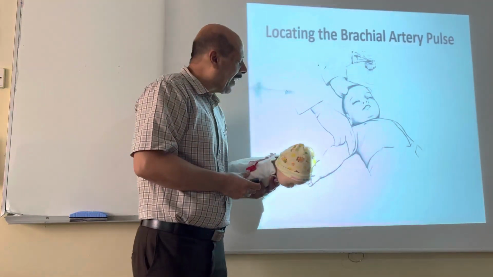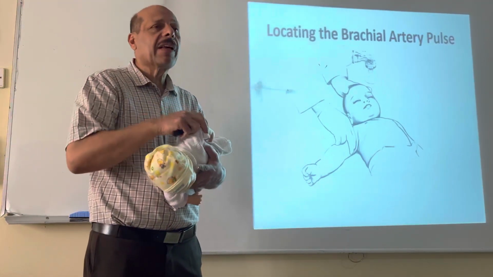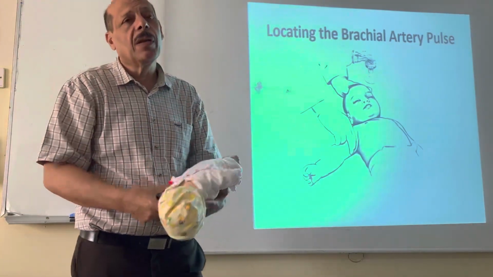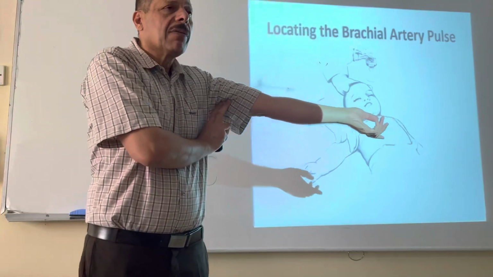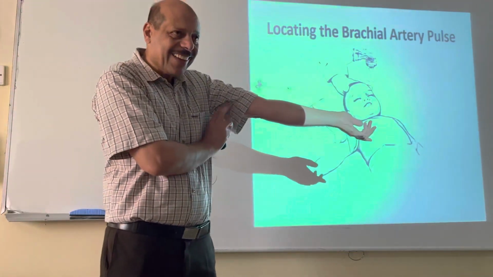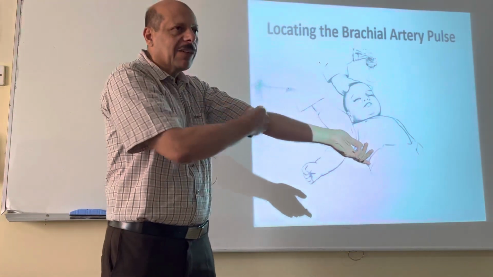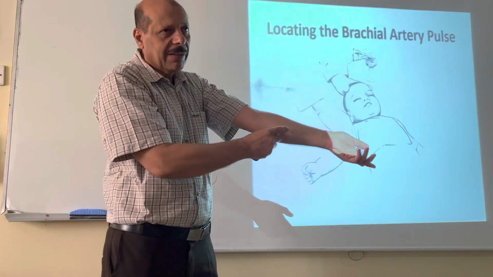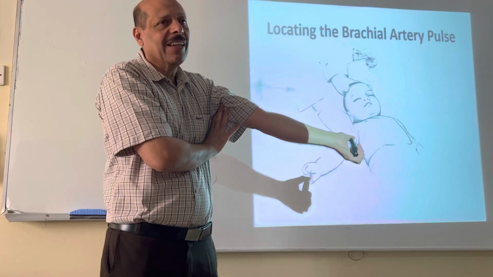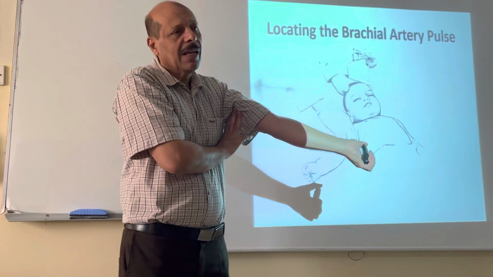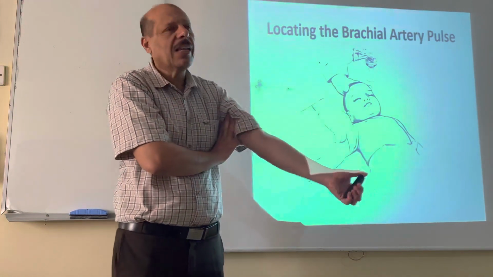Here, how to locate the brachial artery. The brachial artery, as we said, is coming from the axillary artery. Then we have the brachial artery on this side. Then it will be divided into radial and ulnar. So this is the best side that I can check the pulse for an infant.